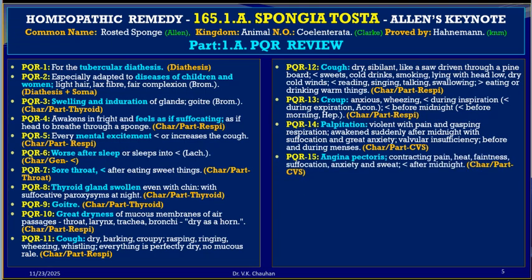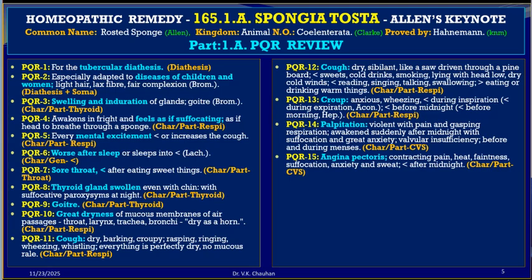We come to PQR15, angina pectoris, contracting pain, heat, faintness, suffocation, anxiety, and sweat, worse after midnight. This is again CVS symptom and it points toward the angina pectoris. So there are two very important organic conditions, coronary artery disease and valvular insufficiency.